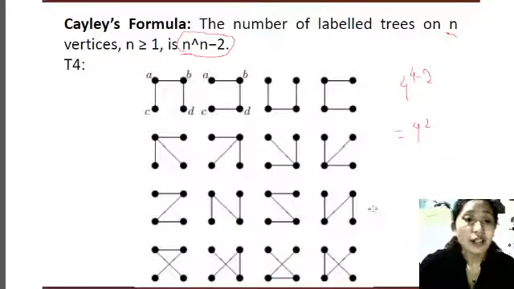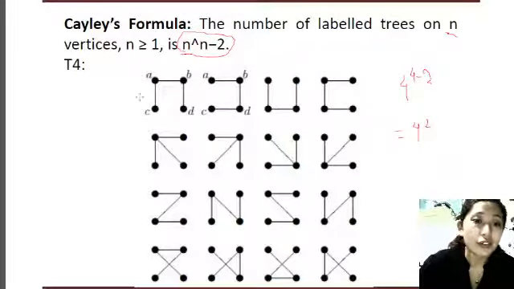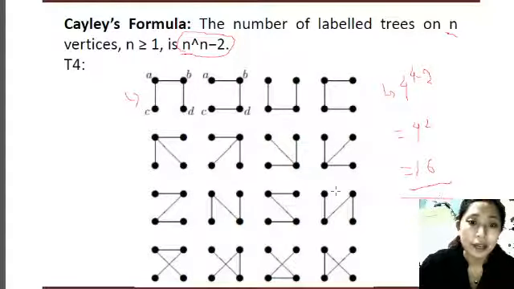So if we apply this formula for n equal to 4, that is 4 raised to power 4 minus 2, which is 4 raised to power 2, which is equal to 16. So if you have a graph with 4 vertices, then the maximum number of spanning trees that will be possible is 16.